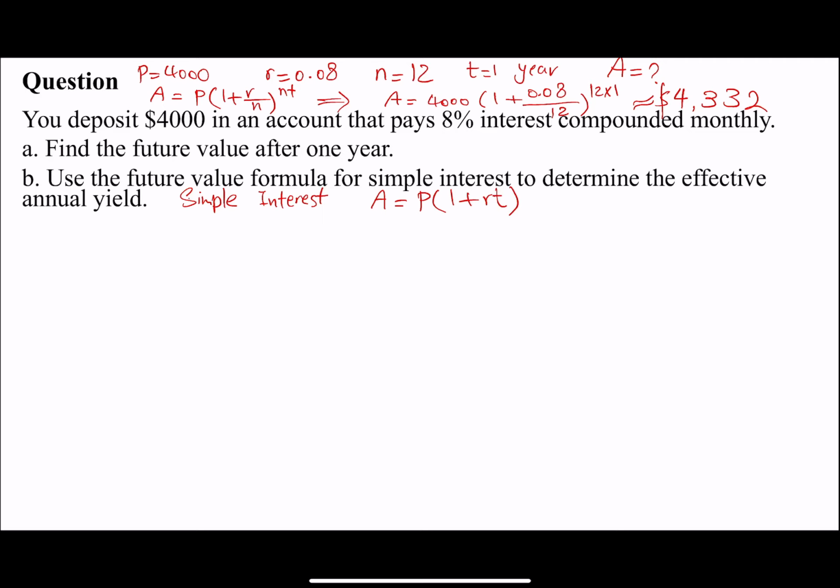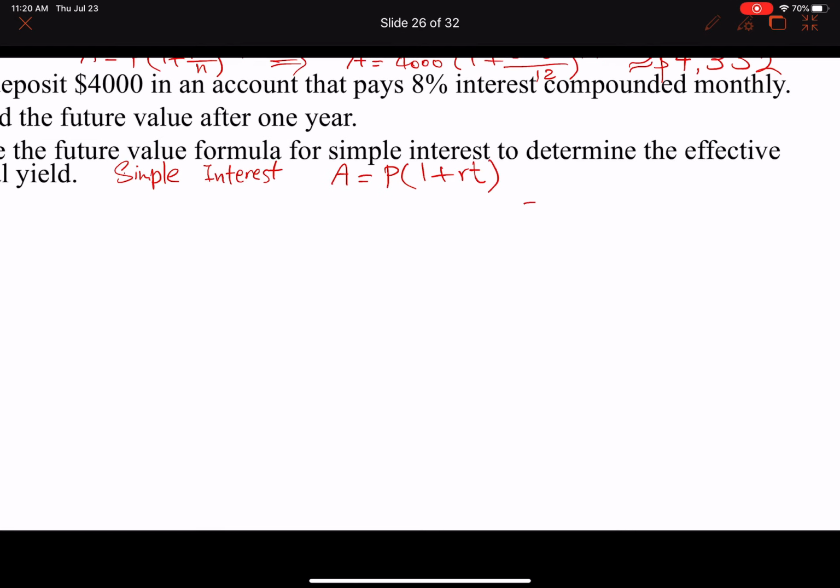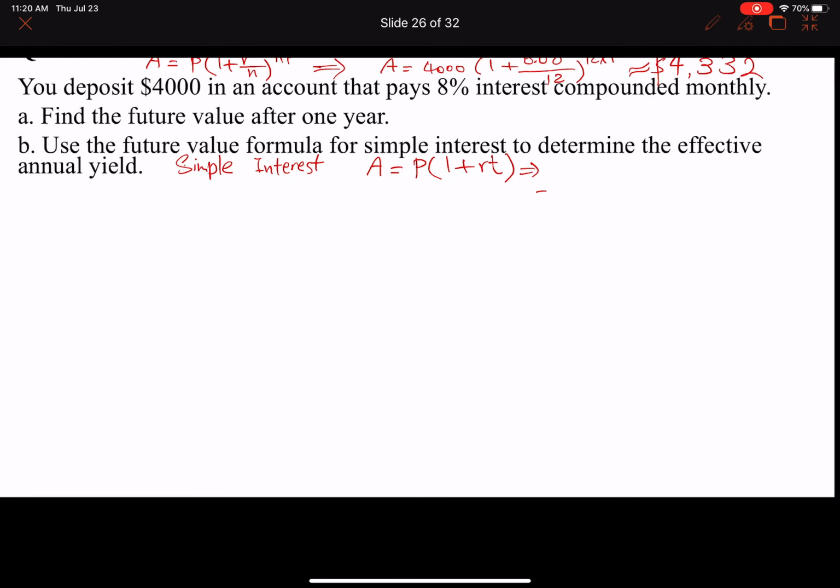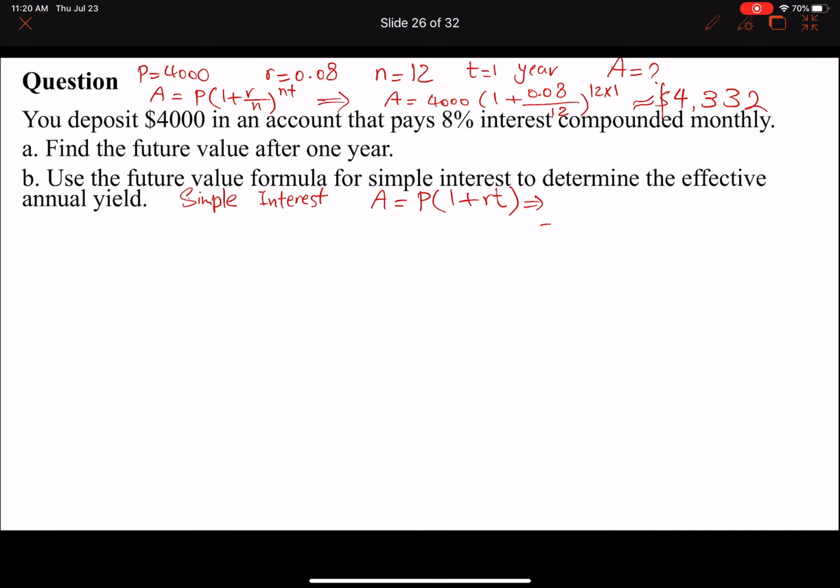Okay, so 4,332 is equal to principal, which is 4,000, times 1 plus R times T, which is 1. R is your unknown.